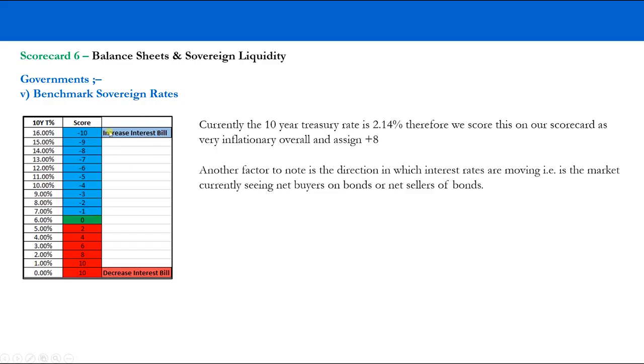So higher deflationary threat is driven by an increase in interest bill, and lower deflationary threat, or inflation, is driven by a lower, decreasing interest bill. So we have to look at this objectively again.